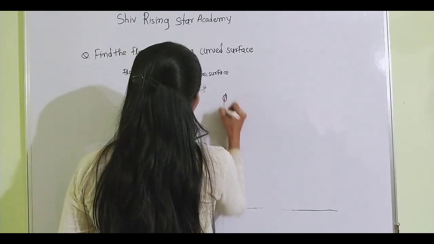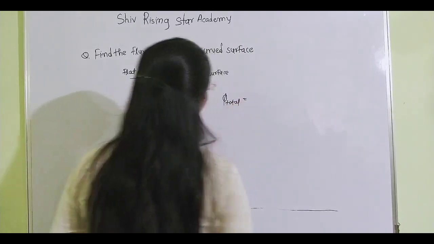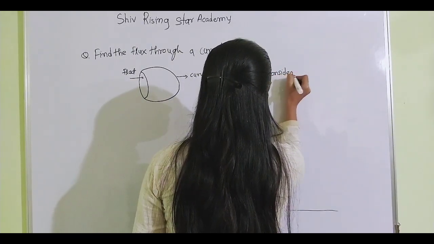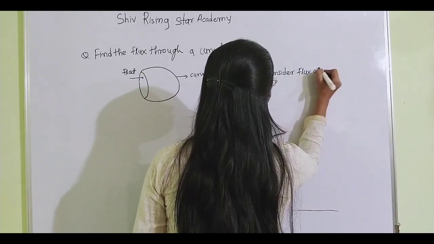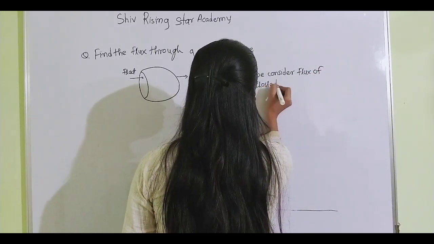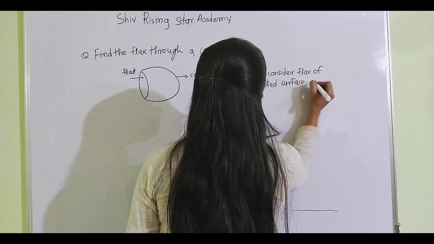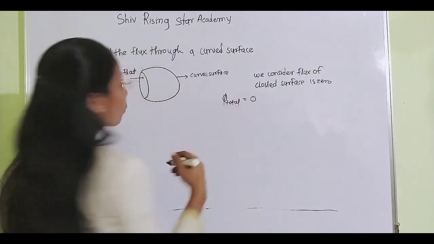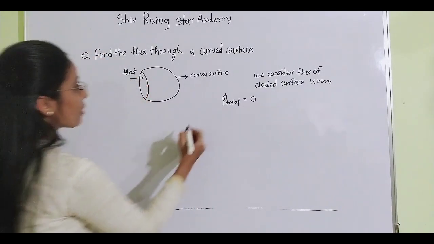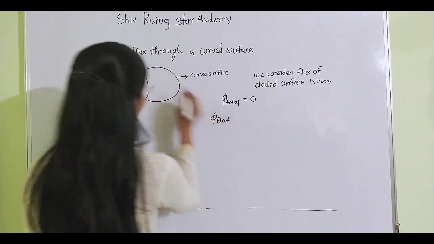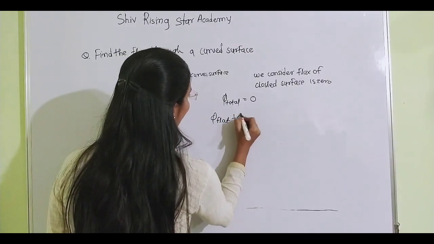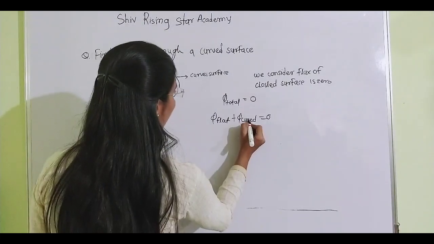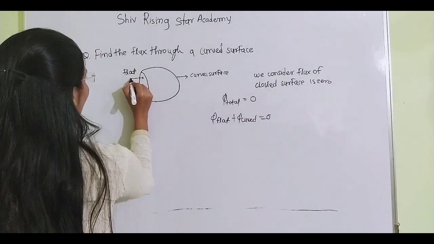So the total flux is the addition of the flux of the flat surface, phi flat, plus the flux of the curved surface, phi curve, and this is 0.